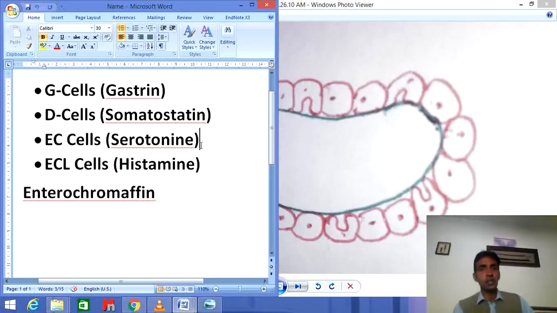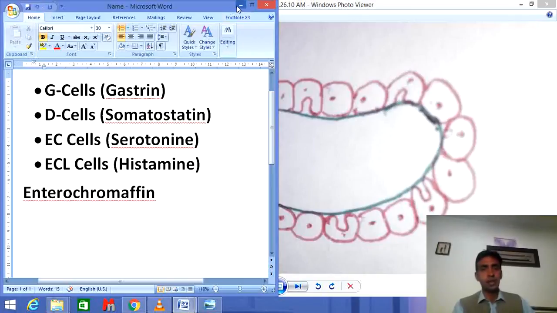The serotonin is also from a type of paracrine cell, and is also responsible for the activation of the parietal cell. Some portion of serotonin is also absorbed into the blood vessel. We will learn about this in the class.